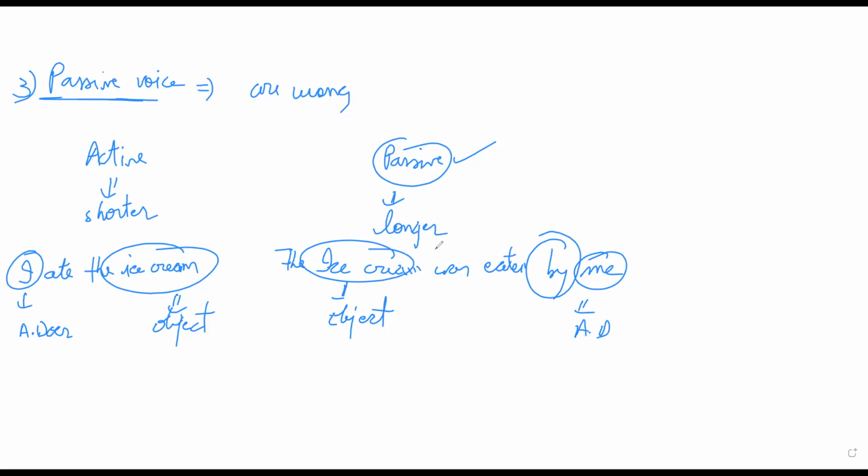But even while considering the passive voice option, remember that passive voice sentences are usually longer in nature. In case of modifiers, you will be able to see that only that option is making sense. Understood? Got it? Am I clear? Yes, yes.